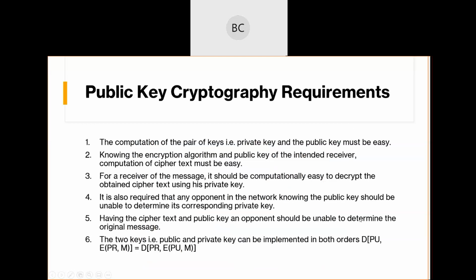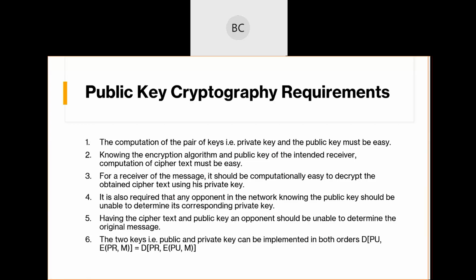So what are the requirements for the crypto system? The computation of the pair of keys, that is the private key and public key, should be easy. Knowing the encryption algorithm and the public key of the intended receiver, computation of the ciphertext should be easy too. For the receiver of the message, it should be computationally easy to decrypt the obtained ciphertext using his private key. It is also required that any opponent in the network knowing the public key should be unable to determine its corresponding private key.